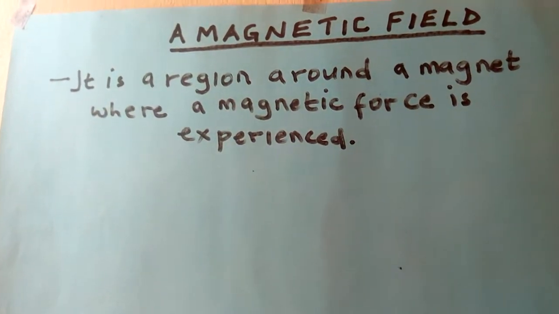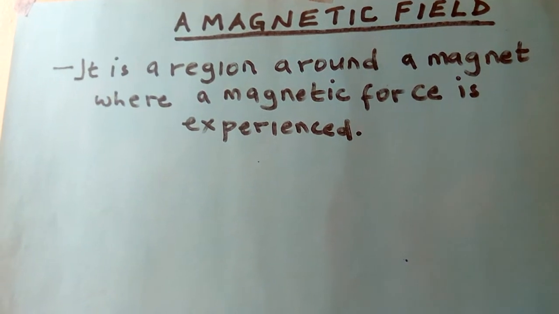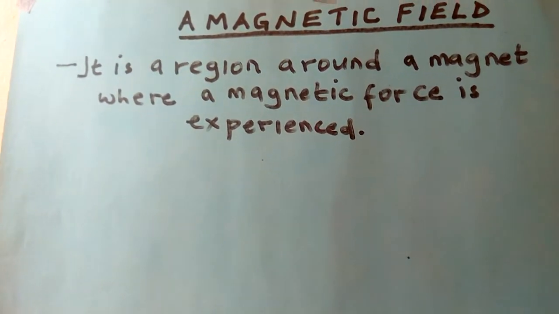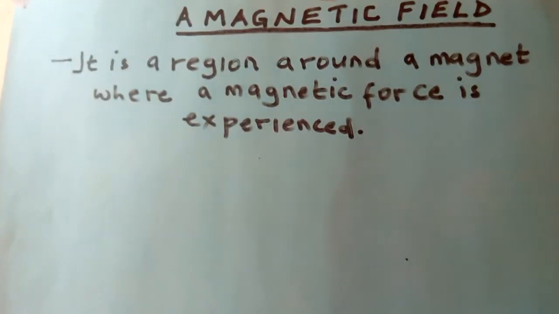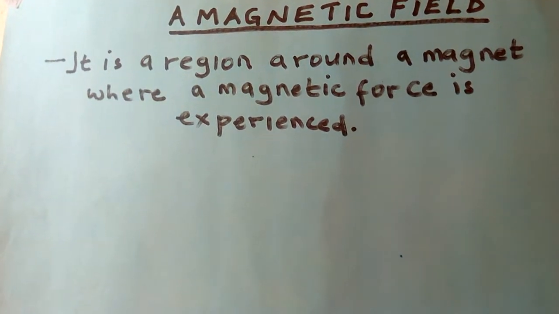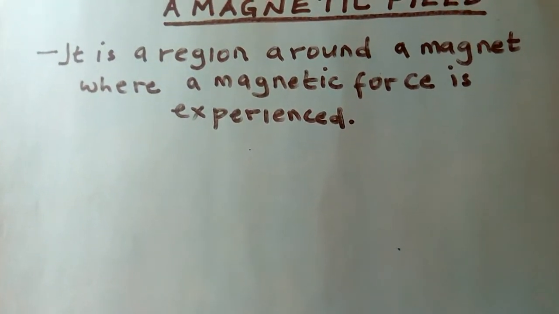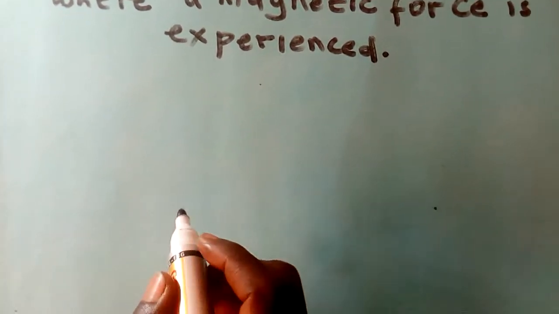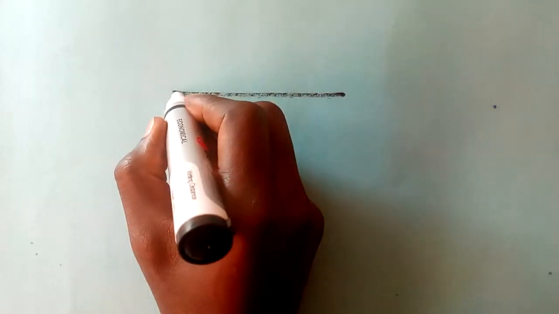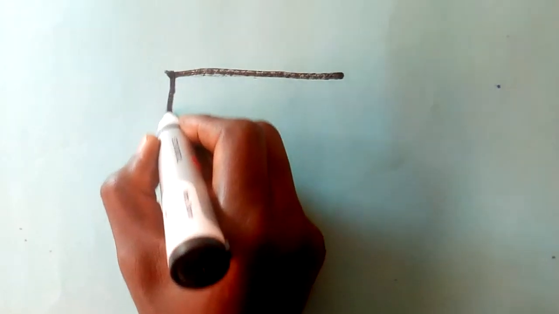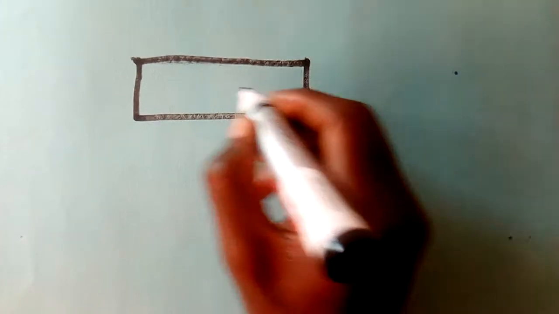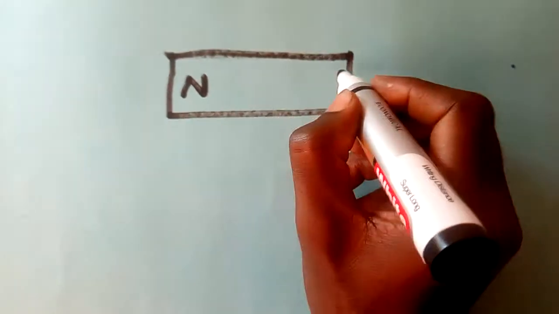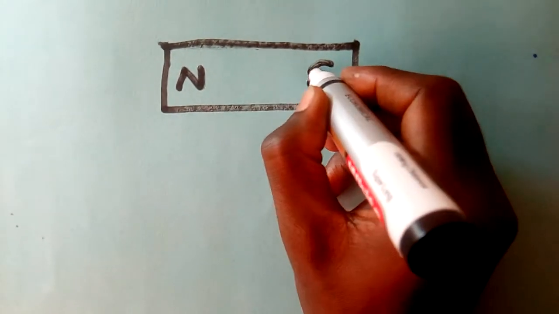Now, how do you draw a magnetic field? How do you represent a magnetic field? A magnetic field is represented by magnetic field lines of force. For example, if this is my bar magnet, the north pole is here and the south pole is here.